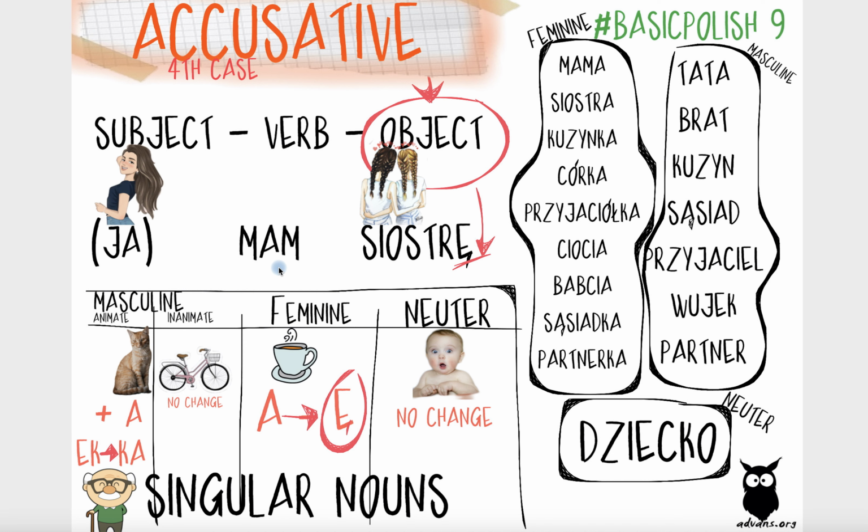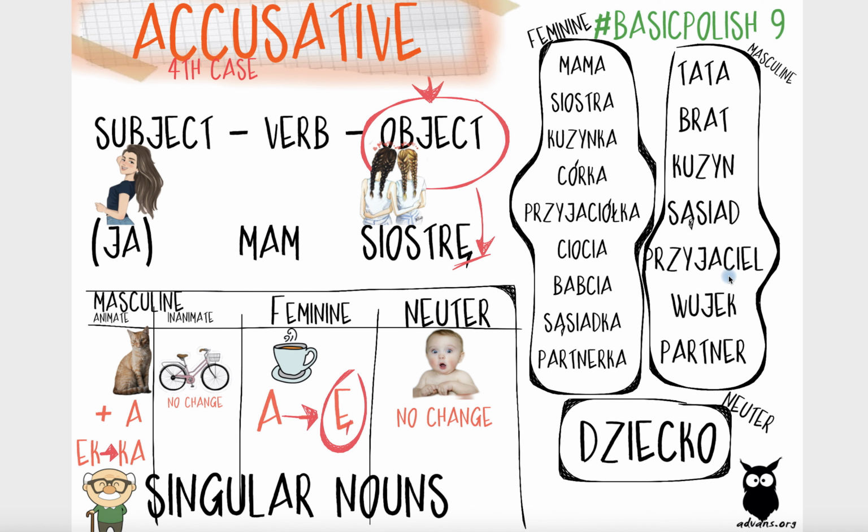There will be some verbs that use, for instance, dative. But I won't talk about it at this stage. We can easily say that when we've got a verb and object, we apply accusative.